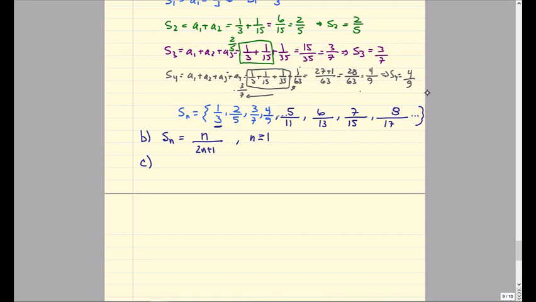This is getting really, really close to 1/2. So if it was diverging, it might be going toward infinity, but it seems to be getting closer and closer and closer to 1/2. So I think that this is the sum, k equal 1 to infinity.